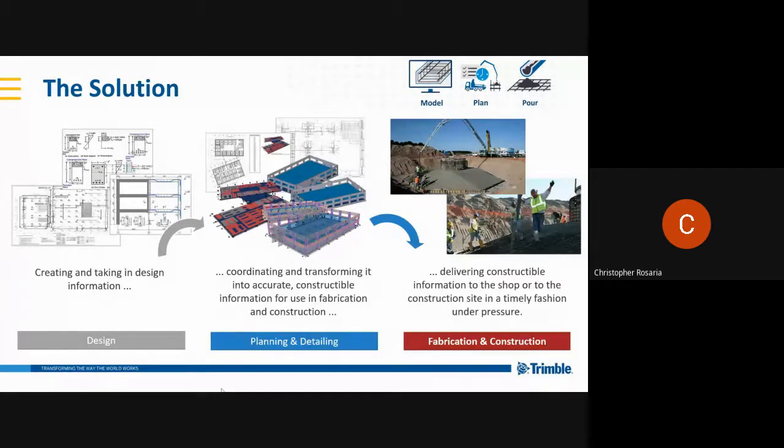So, in very layman's terms, we're just taking in information, whether it's coming from structural engineers or PDF files or other information coming from the field. We build a 3D model out of it, which we call in our terms a constructible model, and then we coordinate that and transform it into something that we are able to fabricate and then deliver on site with the use of total stations and 3D scanners and bring that onto the actual construction site.